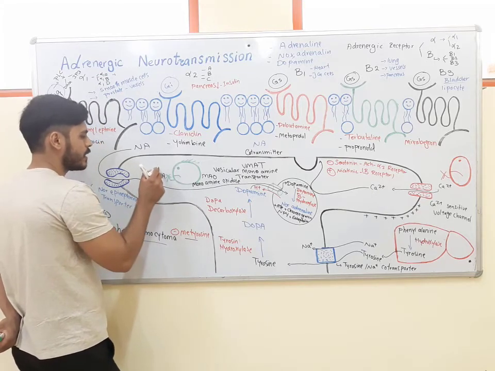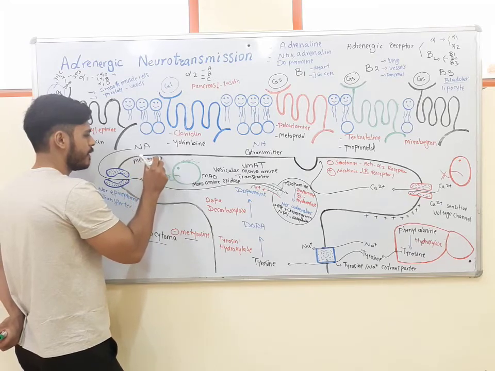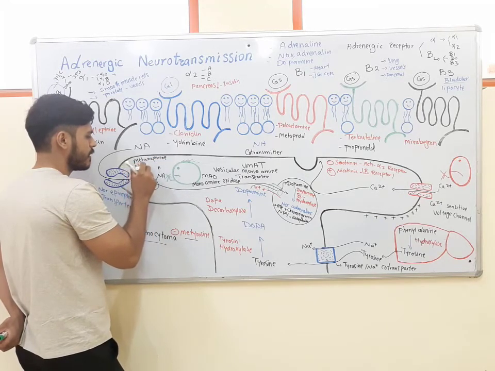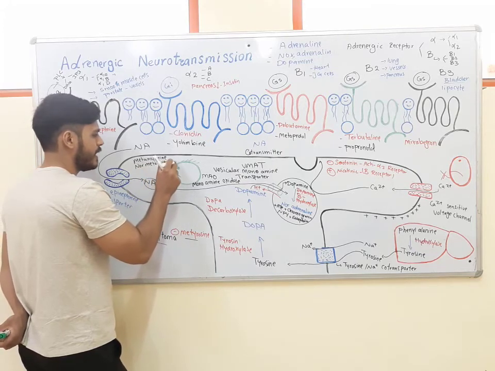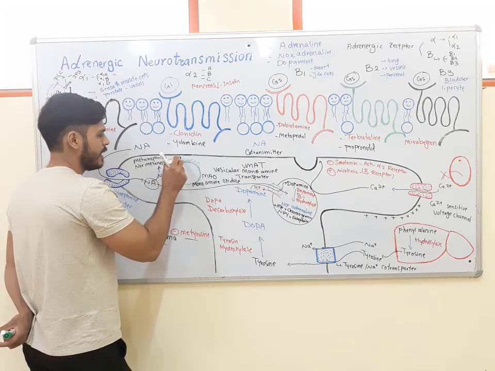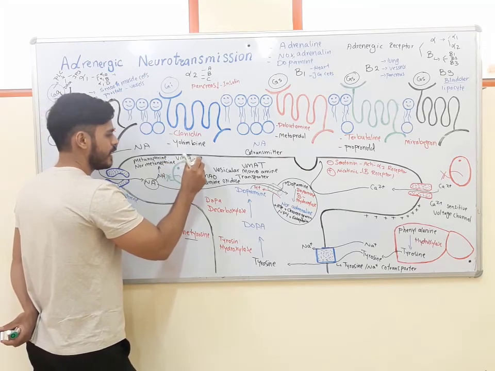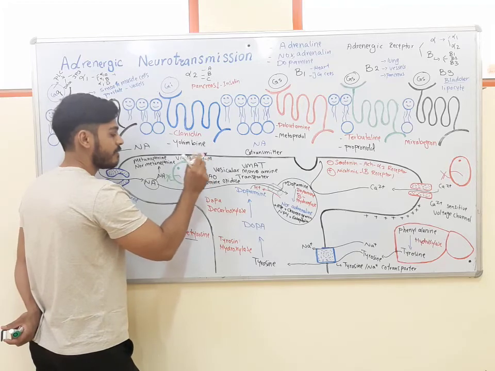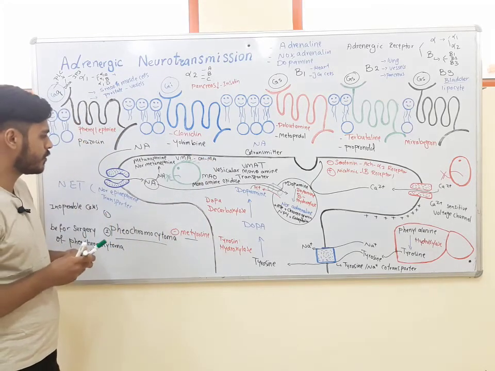Metabolites for noradrenaline are metanephrine, normetanephrine, VMA, which is vanillylmandelic acid, and hydroxymandelic acid. These are the metabolites for noradrenaline.